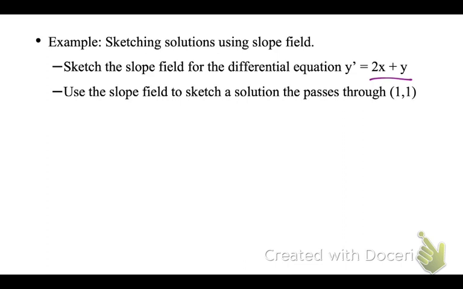So, this is my thing. For your slope field, you have to go from -2 to 2 on both the x and y. Got it? Does that make sense, what I'm saying? So, -2, -1, 0, 1, 2.